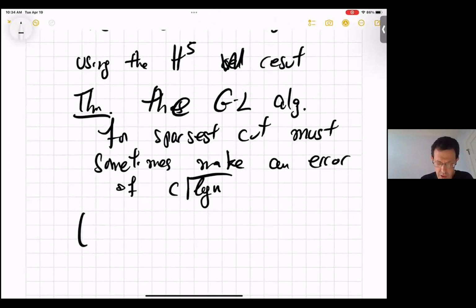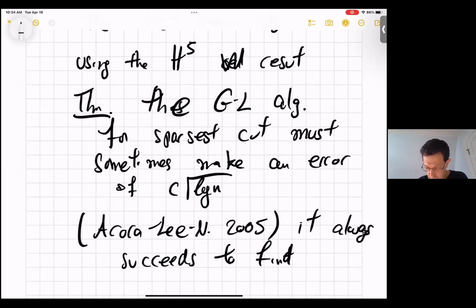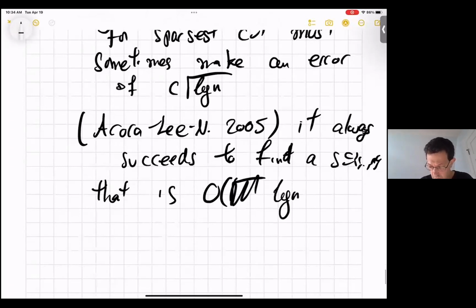Earlier, this is Arora, Lee and Naor, back in 2005, I'm guessing, something like that, it always succeeds to find a set S that is a minimizer up to big O of root log n log log n. There are little o terms. That is, up to big O from the minimum.